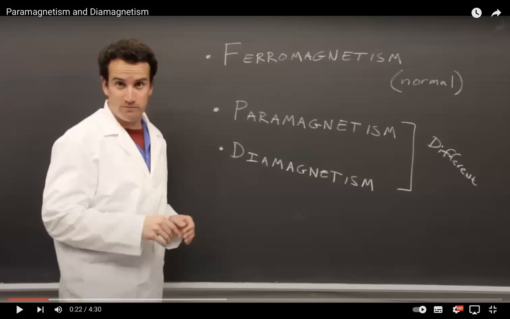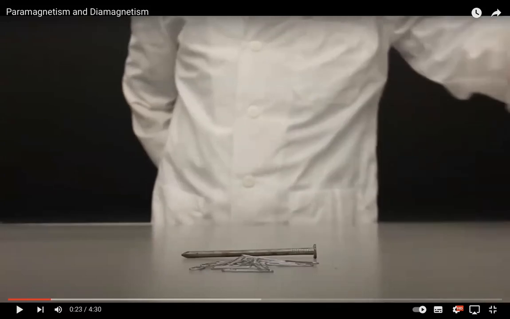First, we will see an example of how ferromagnetism exists. You're able to see an iron nail here, right? You're able to see some pins on top of it.